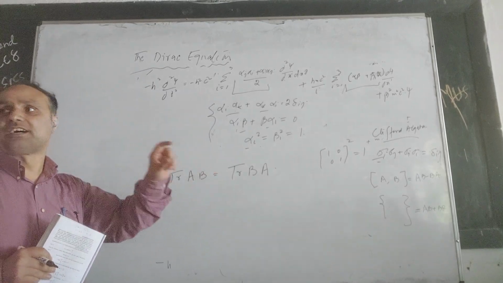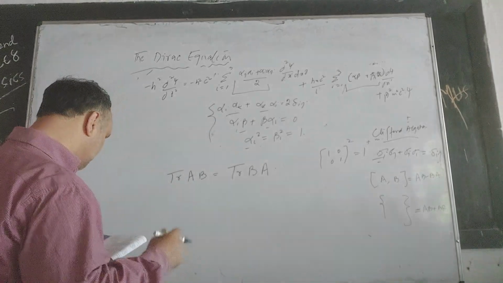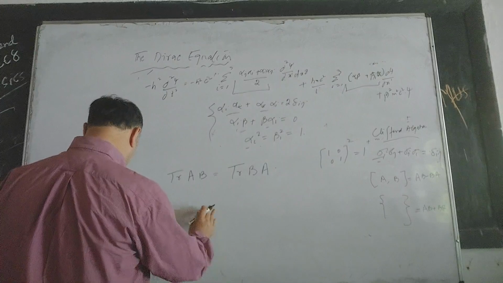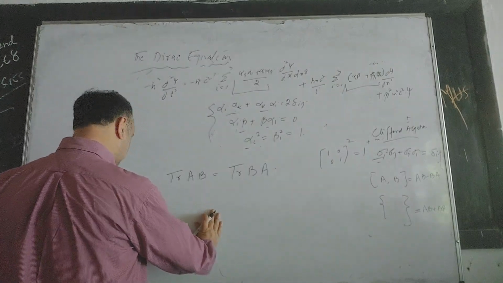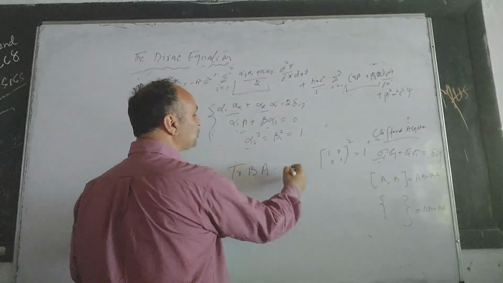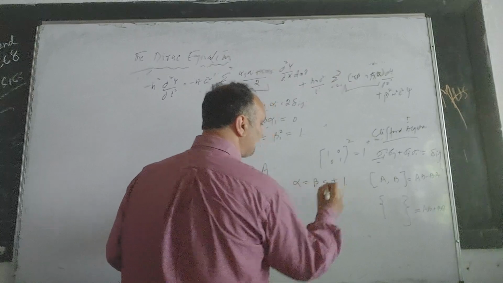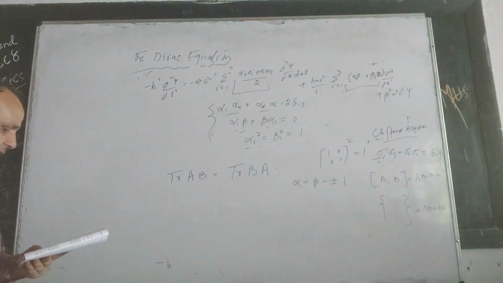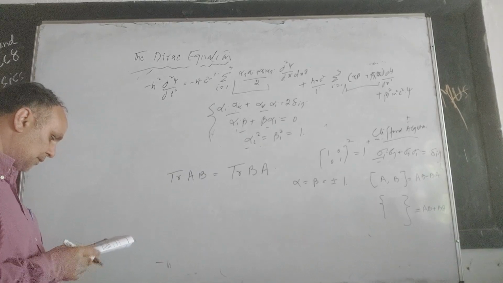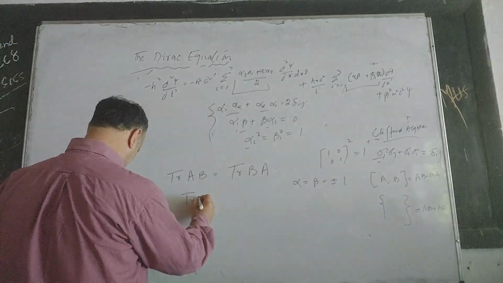Trace of BA means क्या, diagonal elements का sum, this is equal to this. And if alpha square and beta square are 1, it means alpha equal to beta equal to plus minus 1.